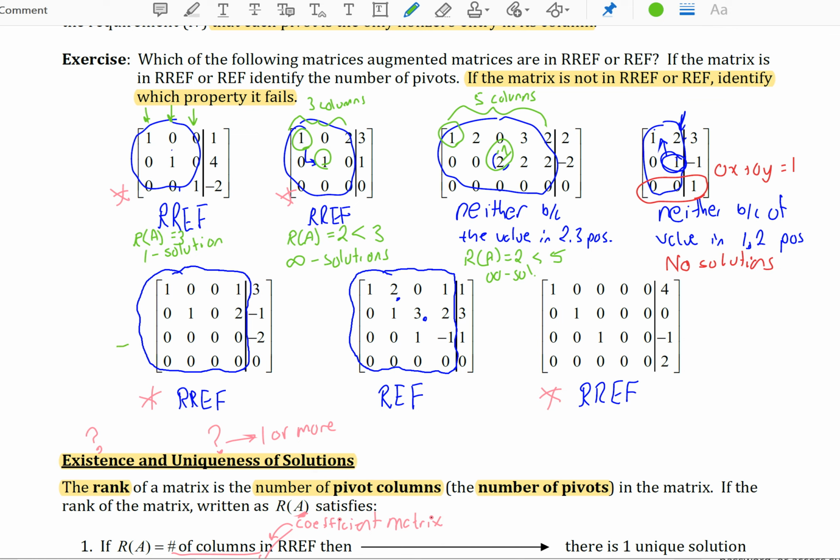This one is in RREF form. Notice that there are 2 pivots, so the rank of A is 2. But there are 4 columns in the coefficient matrix A. This one's going to have infinite solutions.